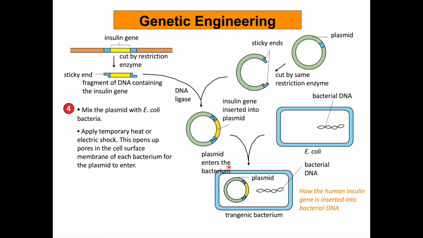So next, this transgenic bacteria need to be placed in a vat or a fermenter, supplied with the essential nutrients, or glucose, as part of their nutrition. And as they respire, they will produce more and more insulin that is safe for human consumption.